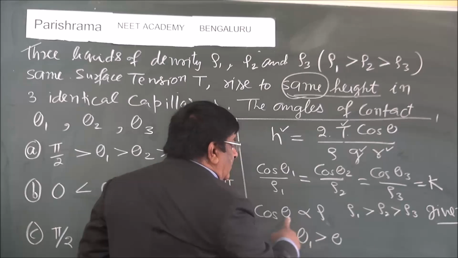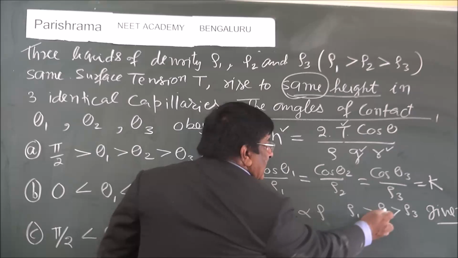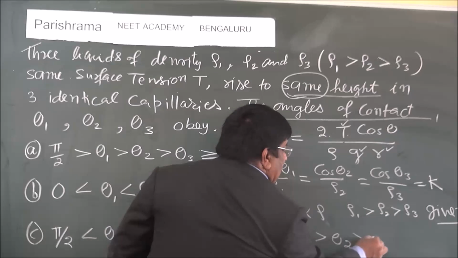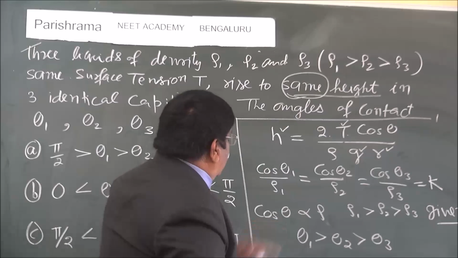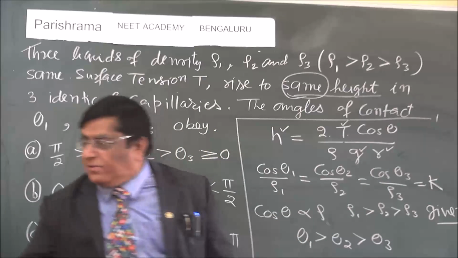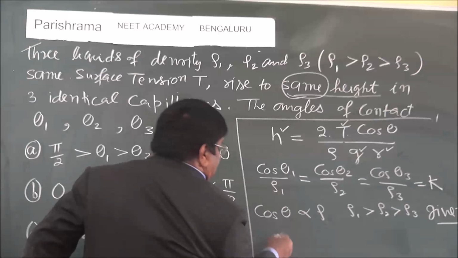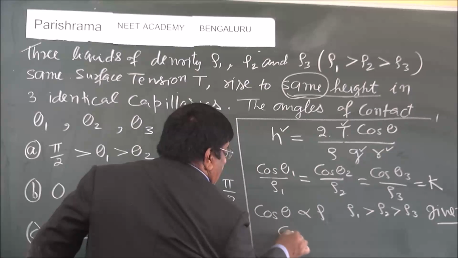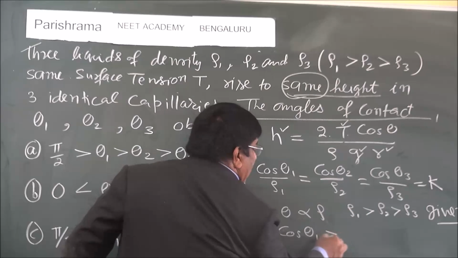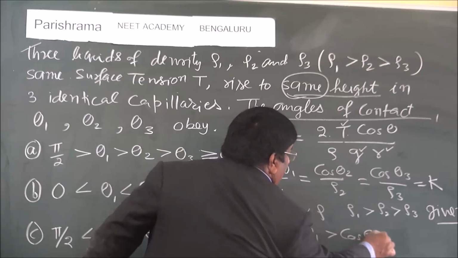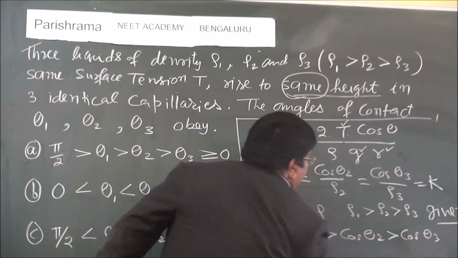If rho is more, theta is more. So theta 1 is greater than theta 3. No, one serious mistake: not theta, cos theta. Cos theta 1 is greater than cos theta 2 is greater than cos theta 3.